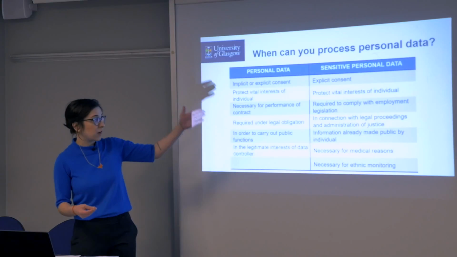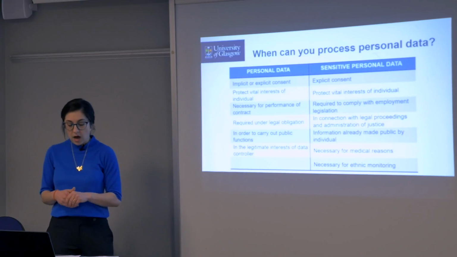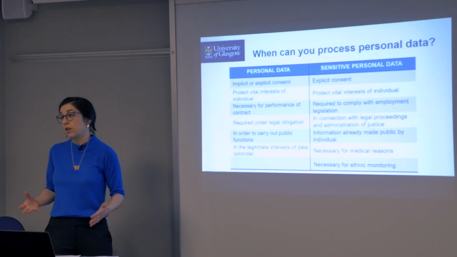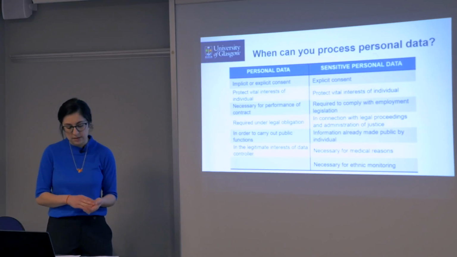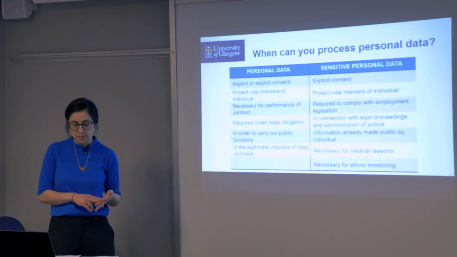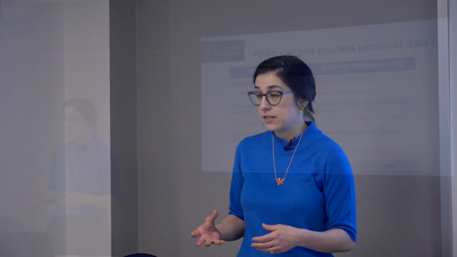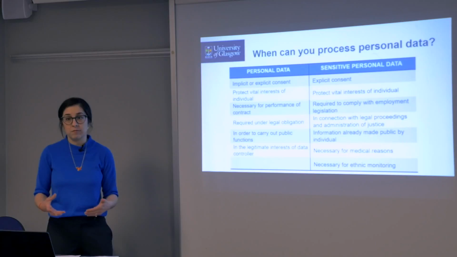So if your research is not for any of these particular purposes, you're not totally out of luck, because there is this DP 2000, and point 9 of that document says that if your processing is in the substantial public interest, so that's an argument you would have to make, and if it's necessary for research purposes, and if your processing doesn't directly impact or target any one particular individual, and it doesn't cause damage or distress, then you can process that sensitive personal data.